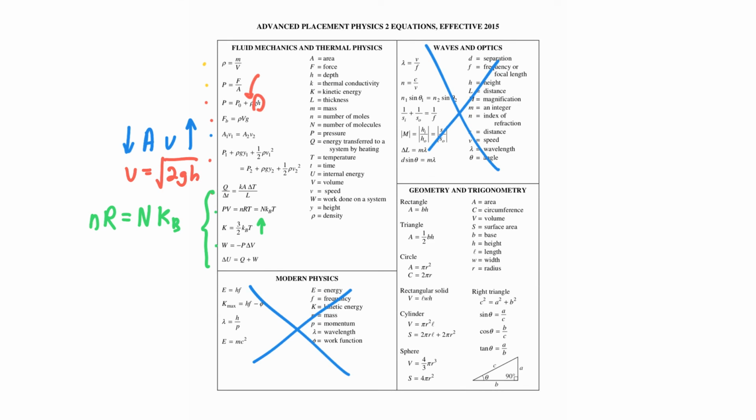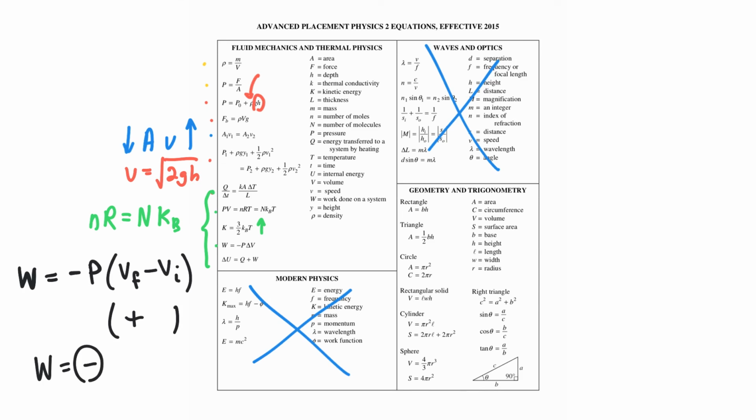If I write this as W equals minus P times delta V, where delta V is V final minus V initial, then if the volume increases, that means the final volume will be bigger. If the final volume is bigger, then the term in the parentheses is a positive number, which means the overall work will be negative. And that's what we want.